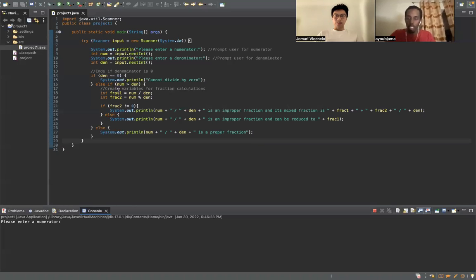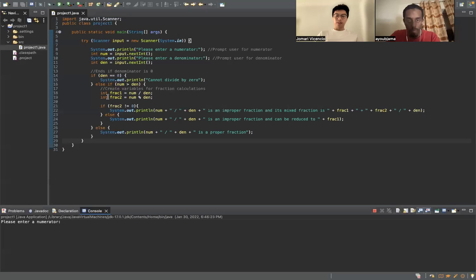larger than the denominator. So if the numerator is bigger than the denominator, that would mean it's an improper fraction, and it would create these two values over here. And with those two values, it will determine whether or not the improper fraction can be turned into a mixed number or be reduced into just a whole number.